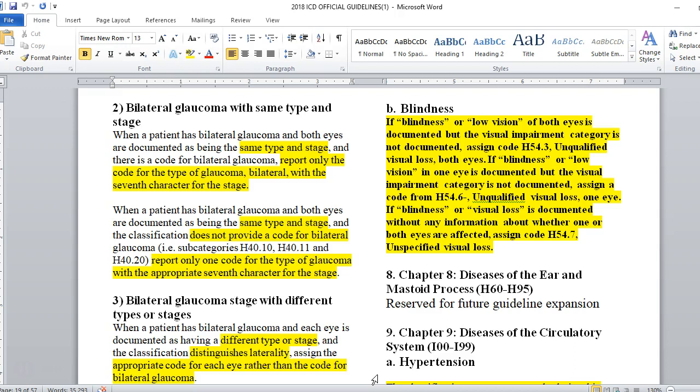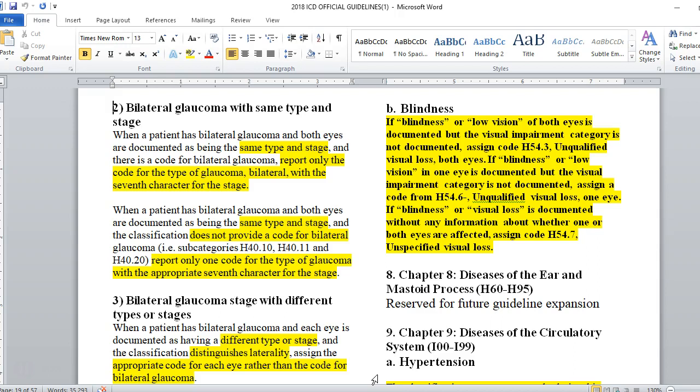But when a patient has bilateral glaucoma and both eyes are documented as being the same type and stage, and the classification does not provide a code for bilateral glaucoma, which are in the subcategories of H40.10, H40.11, and H40.20, report only one code for the type of glaucoma with the appropriate 7th character for the stage.